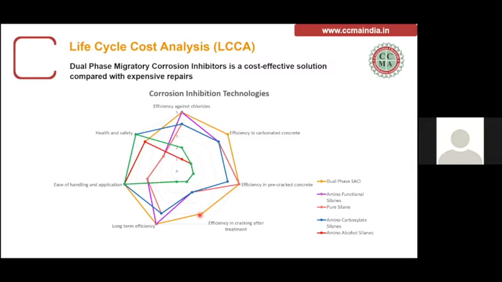In cracking after the treatment, it's much better than any of the systems or technologies available. The long term efficiency over a period of time, the ease of handling, as you could see, it's very simple: open the container, apply material, very safe material, non-hazardous, and very easy to store. So that's how things move in terms of a comparative chart that we could find out.